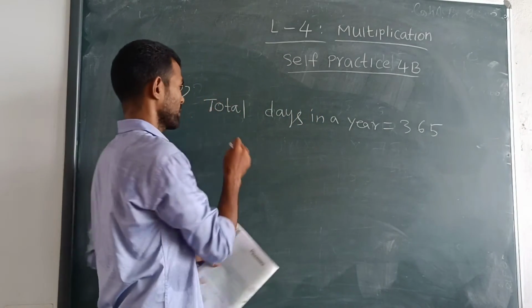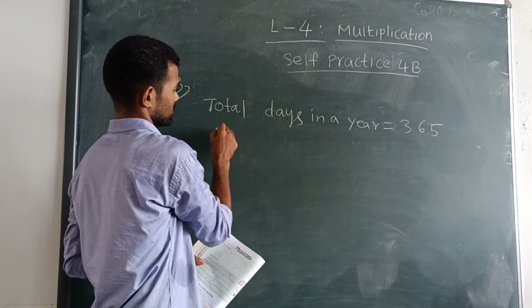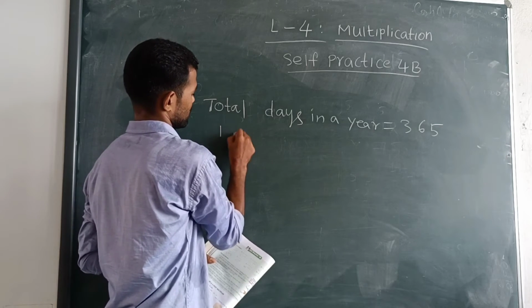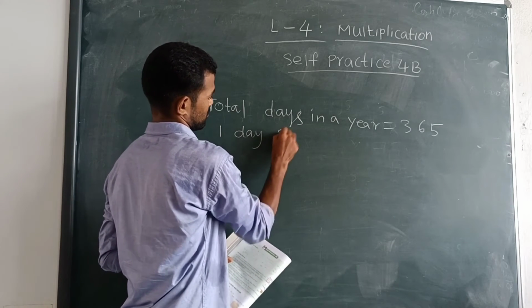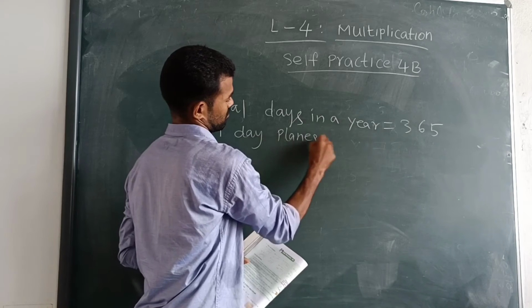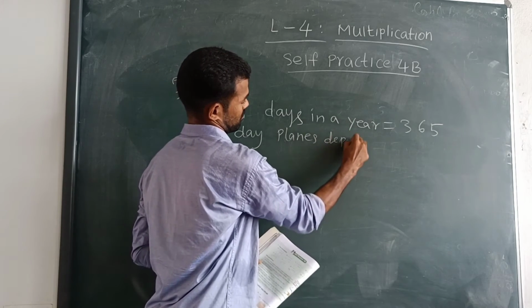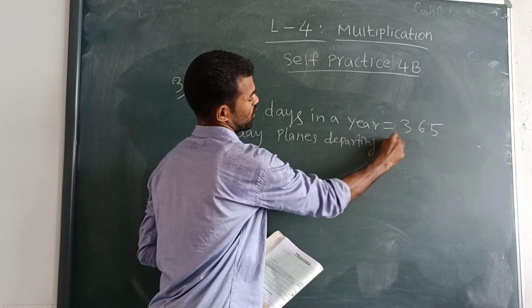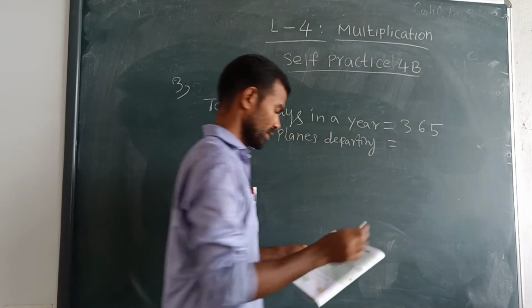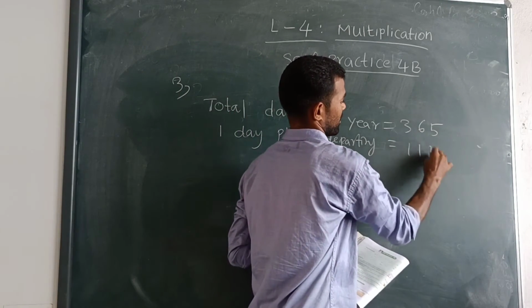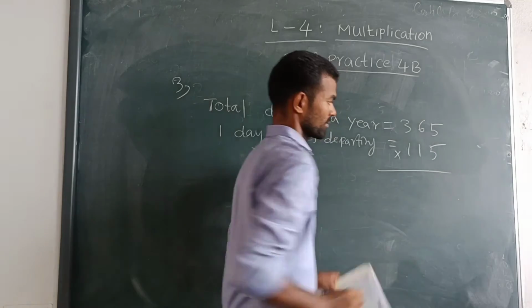So in one day, how many planes departing? That is 150. Multiply these two numbers.